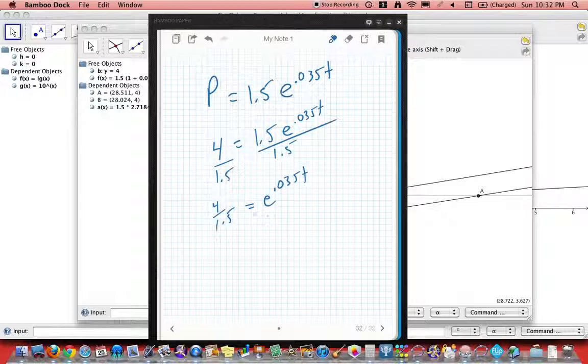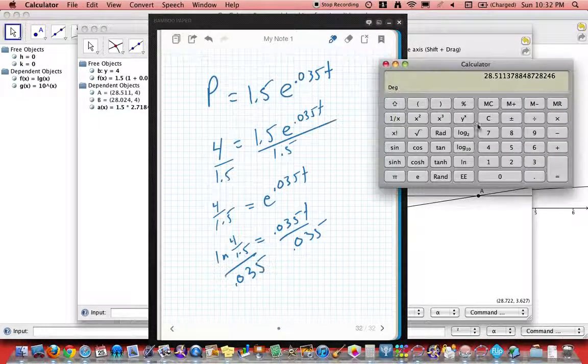Now, look at this. Do you remember the natural log? Okay, what does this say to us? This says that ln, natural log of 4 over 1.5 equals 0.035t. Now, all of a sudden, I can divide both sides by 0.035, and I have a very simple calculation to do.